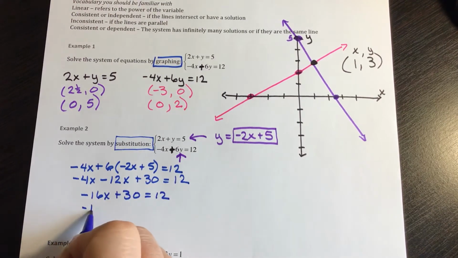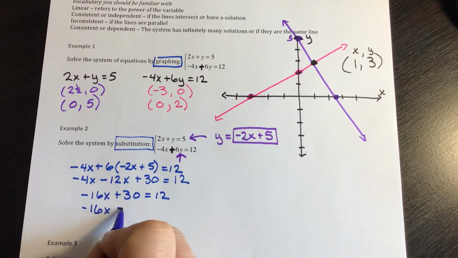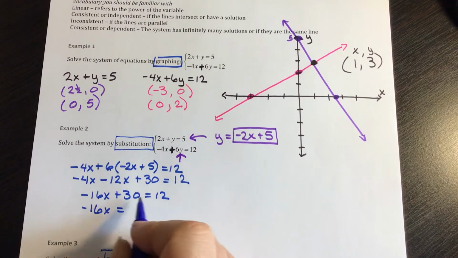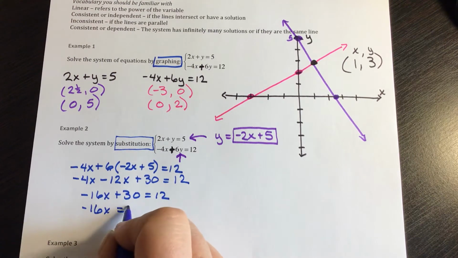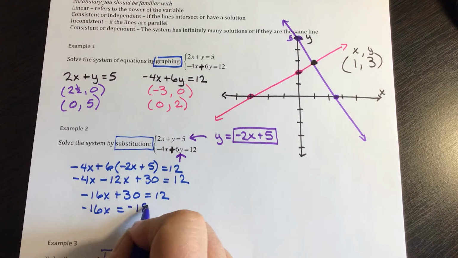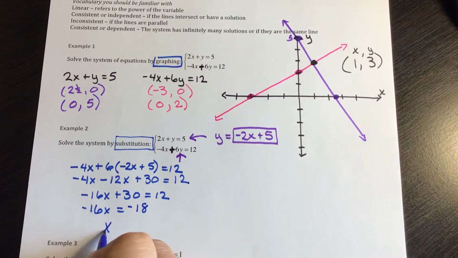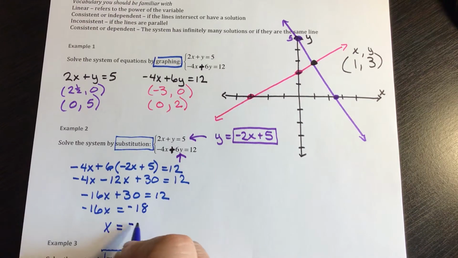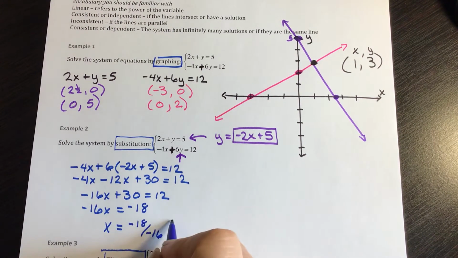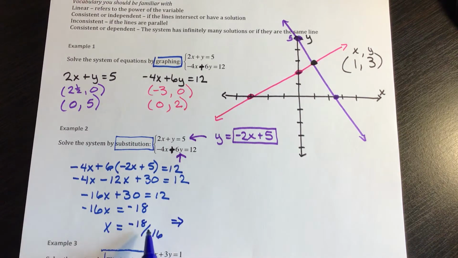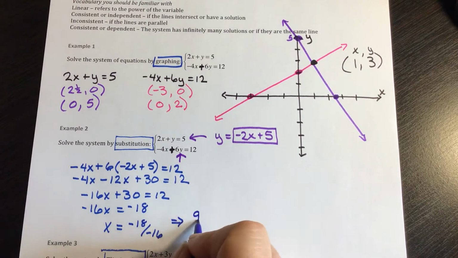Subtract 30, so negative 16x equals 12 minus 30, which is negative 18. And here we're going to see that x is negative 18 over negative 16, which is 9 over 8.